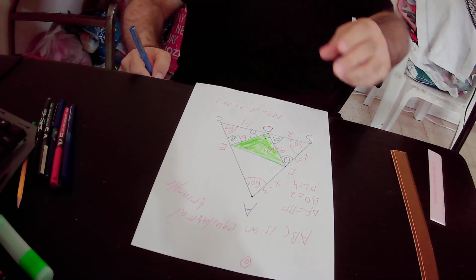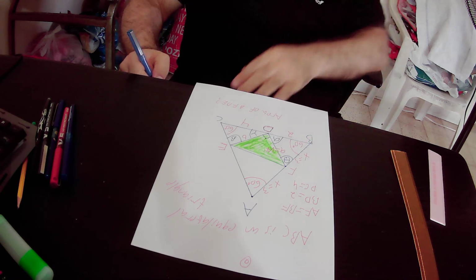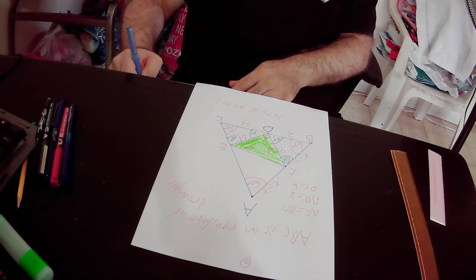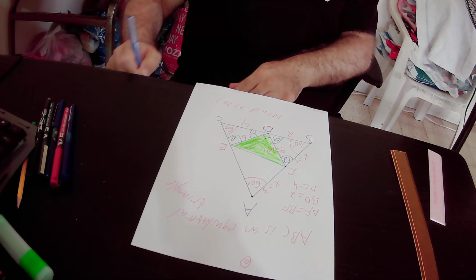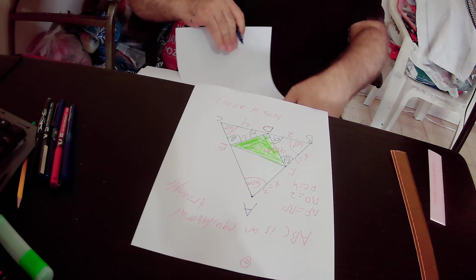And we know that the sum of the angles in any triangle, and especially in triangle BFD, equals to 180 degrees.